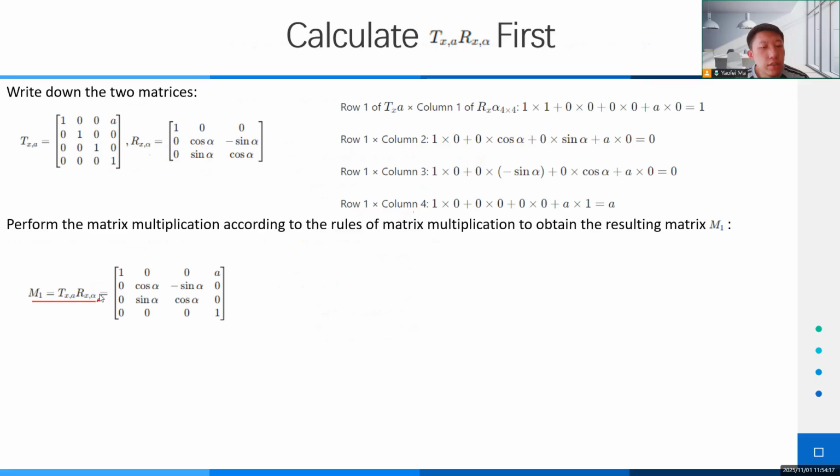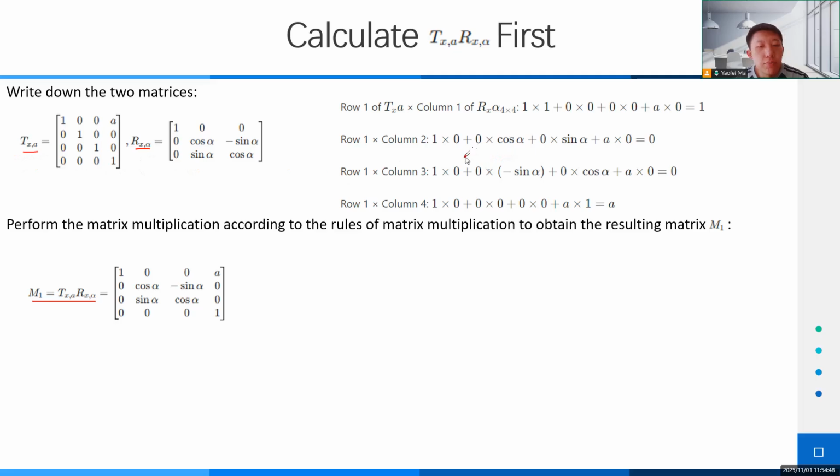First, write down the two matrices Rx(alpha) and Tx(a). Now multiply them. Each element in the result matrix is the dot product of a row from the first matrix and a column from the second matrix.